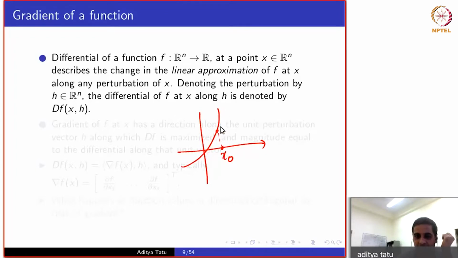Geometrically, what you are trying to do here is draw this straight line in. So you can make a tangent line. This tangent line described as a function is what is called the differential.